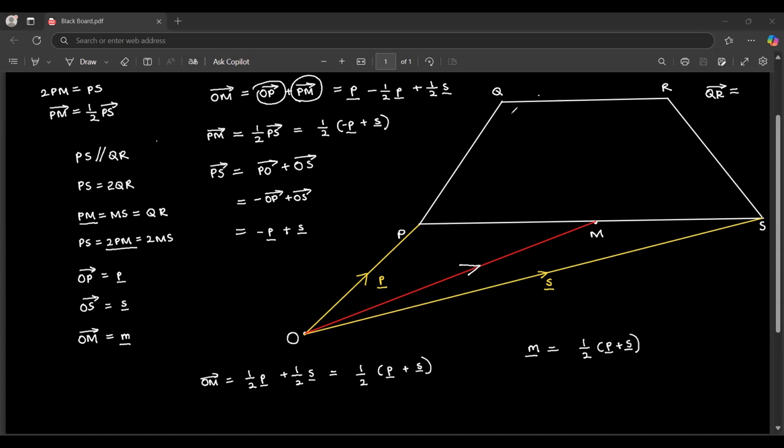It doesn't matter which, because we know QR is parallel to PM, so QR equals PM. That's the vector idea I told you. In a two-dimensional plane, wherever you draw the vector, it doesn't matter. But when it comes to position vectors only, you have to think of it as from a point. So keep that in mind.